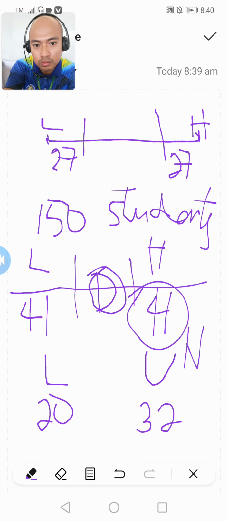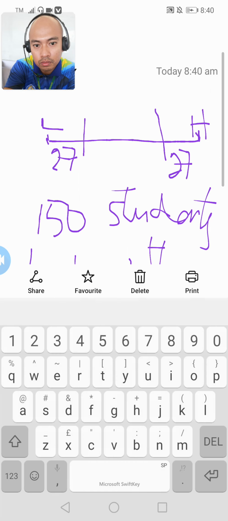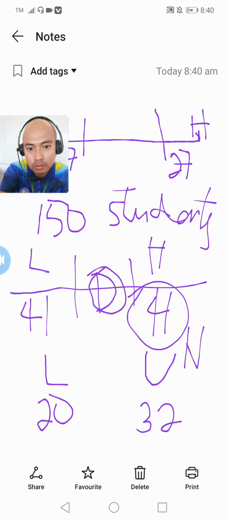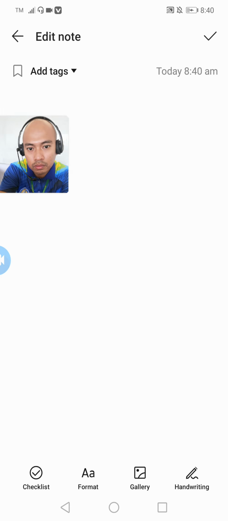So, let's apply. Take note on the values. L is equal to 20. U is equal to 32, while N is equal to 41. Okay? Sulat ko lang. So let's apply.